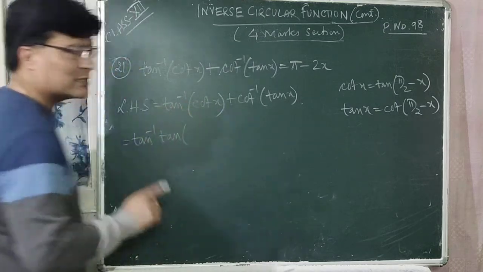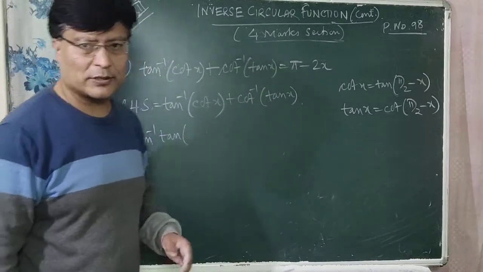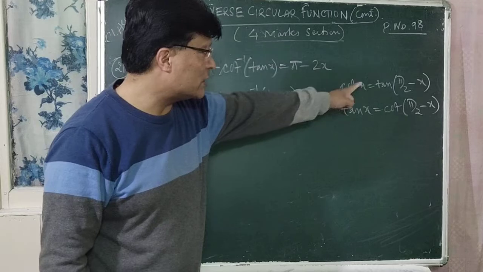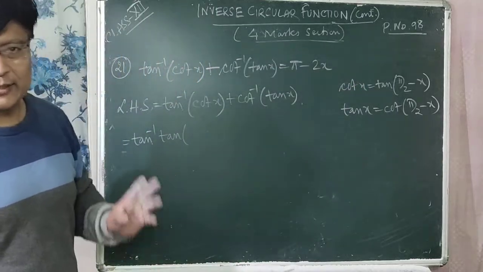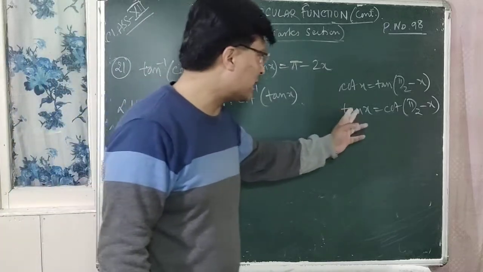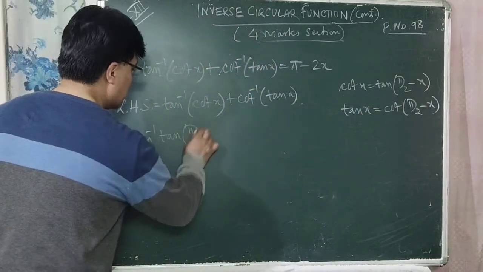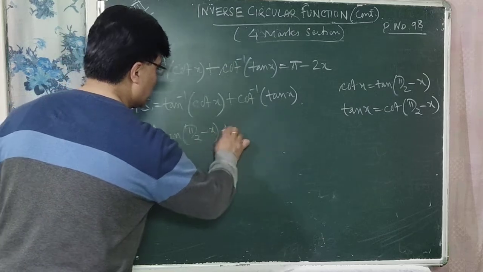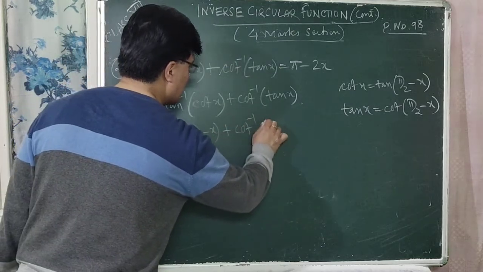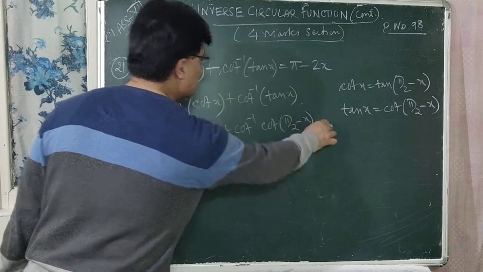Tan inverse 1 by tan x cannot be simplified. Here also you cannot write cot inverse 1 by cot x. But you should write cot x is equal to tan 90 minus x. But 90 degrees should be written in terms of radian, that is pi by 2. And again tan x is equal to cot pi by 2 minus x, right? So it is tan pi by 2 minus x plus cot inverse. This is your cot pi by 2 minus x.